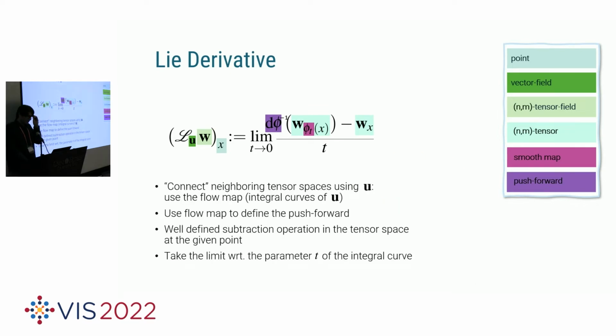Okay, I will show a short animation in a second that maybe makes this a bit more clear or gives some more intuition. But the important takeaway is that we somehow need to connect neighboring tensor spaces. And the Lie derivative has a very special way of making this connection between the tensor spaces.